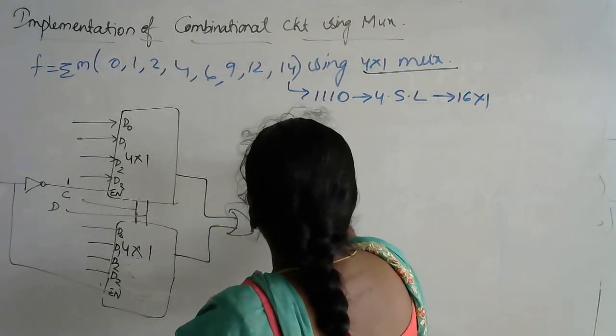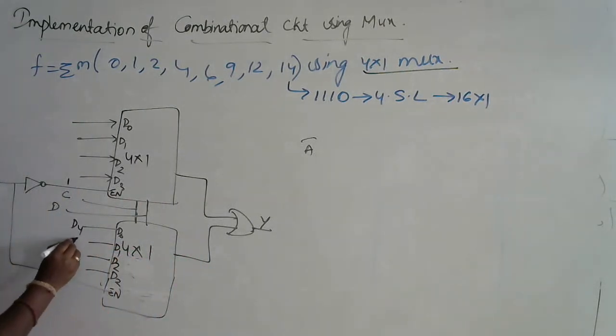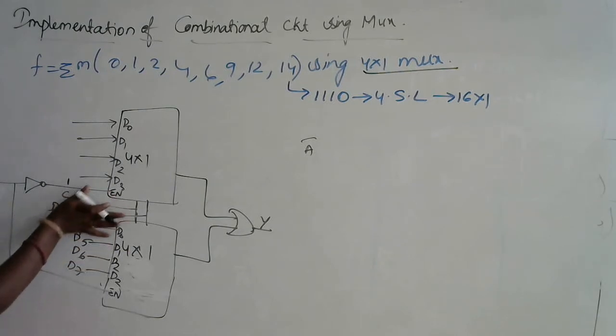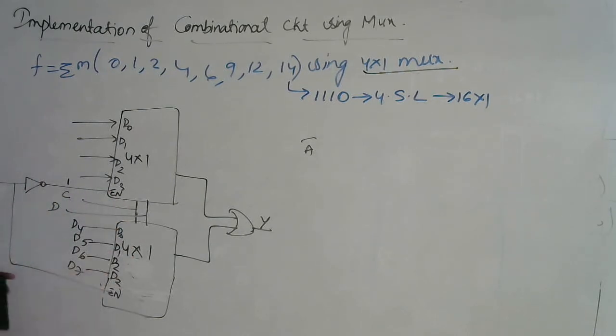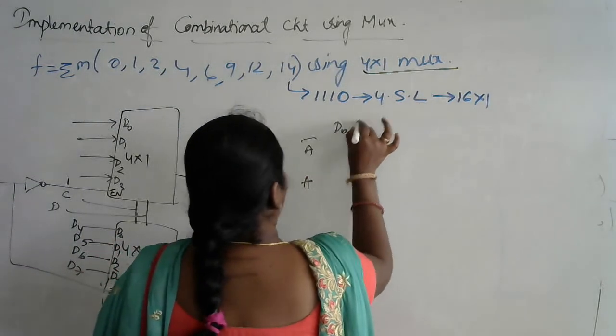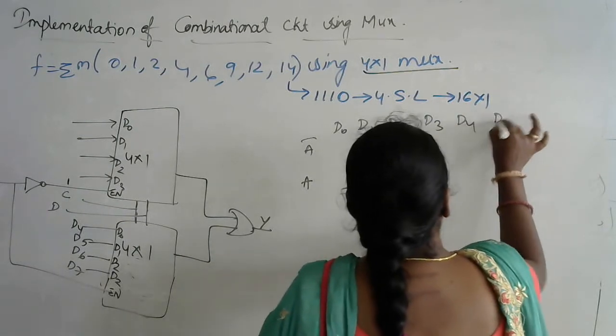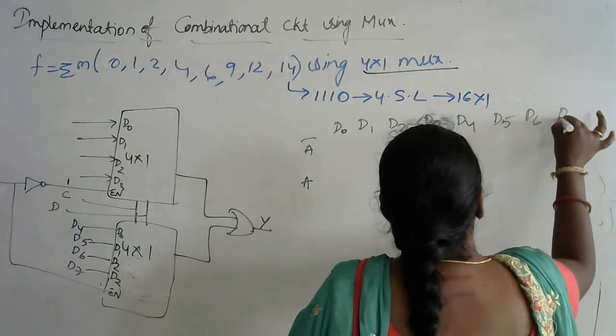Now, as A is the input, since I have cascaded, these become D4, D5, D6, D7. If you have not cascaded, this would also be D0, D1, D2. This is A bar, A, D0, D1, D2, D3, 4, 5, 6, 7.